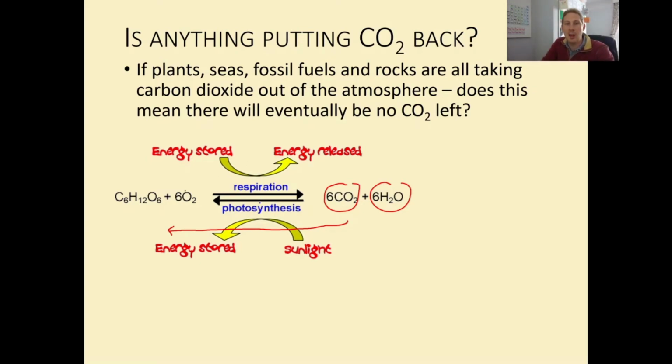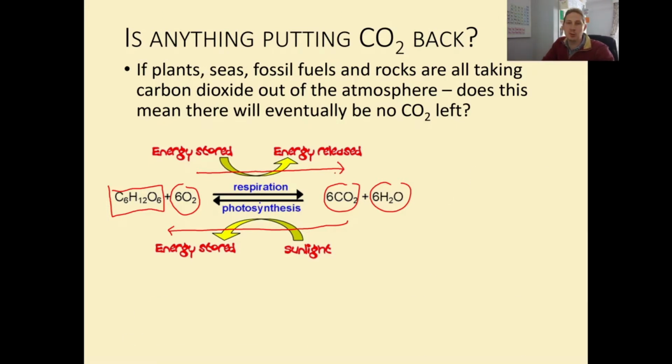Well, there's loads and loads of plants and animals which are doing the exact opposite, which is taking the sugars that are formed, combining them with oxygen and respiring and putting carbon dioxide back into the atmosphere.